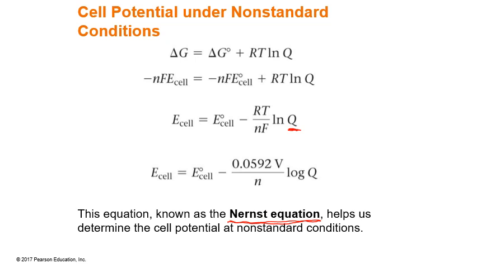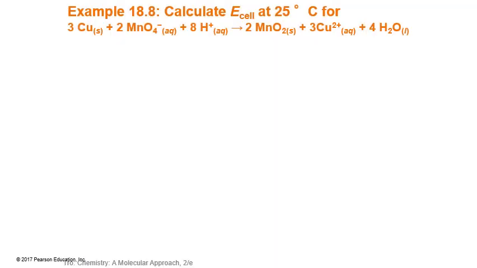This is a very important equation, and we'll look at a couple of examples of how to use it. So let's calculate our Ecell at 25 degrees Celsius for the following chemical reaction. So we've got our conditions.